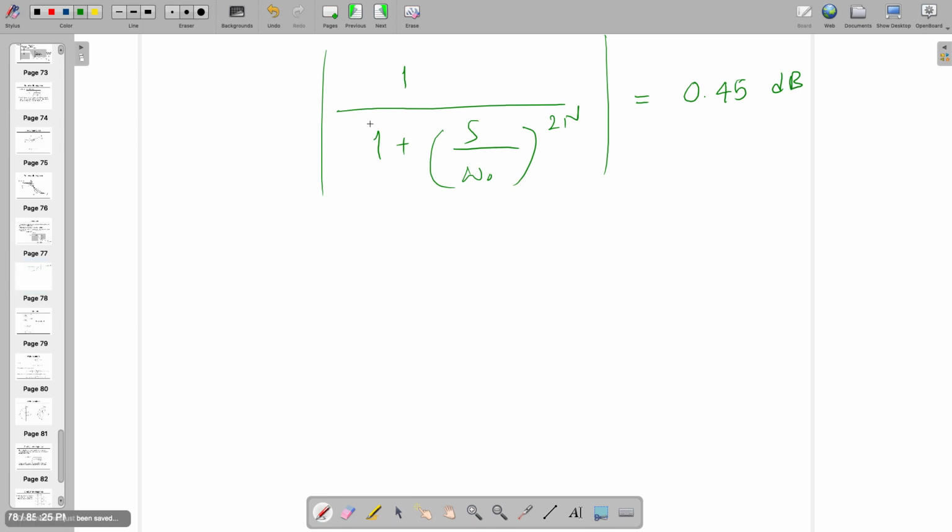Because on the other side, if it is not in dB, if you want to make this one in dB, you have to add 20 log here extra. If you don't add that here, then you have to convert this to normal scale, right? So what will be the value? 0.45 dB in normal scale.